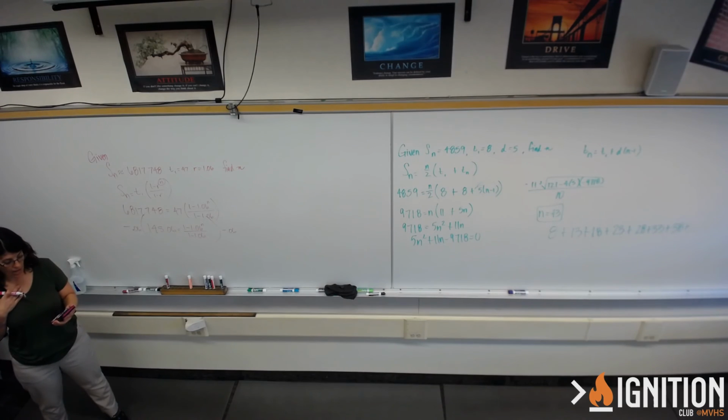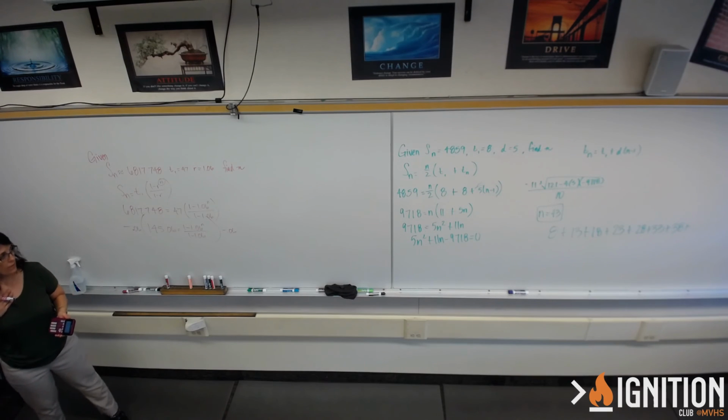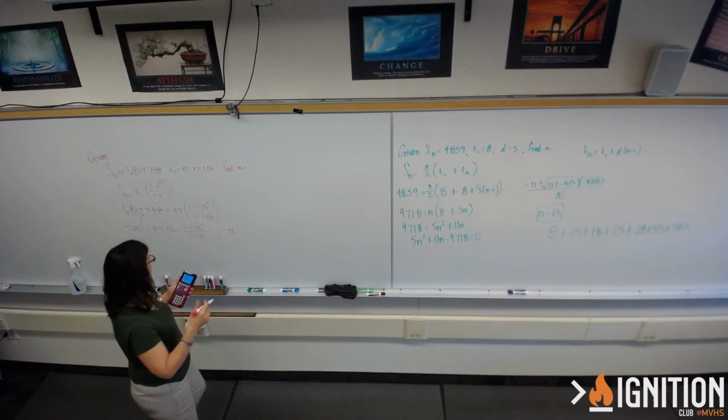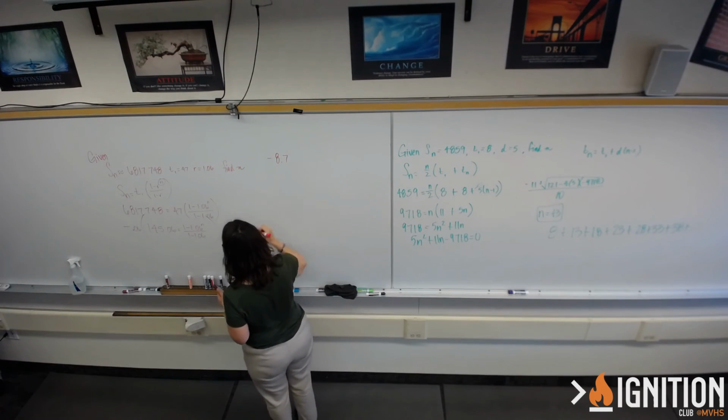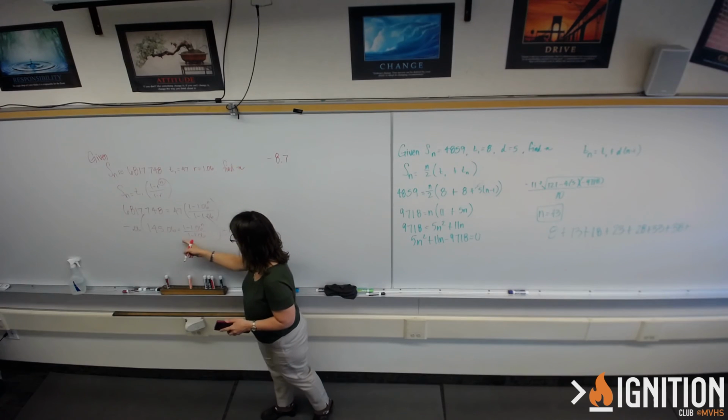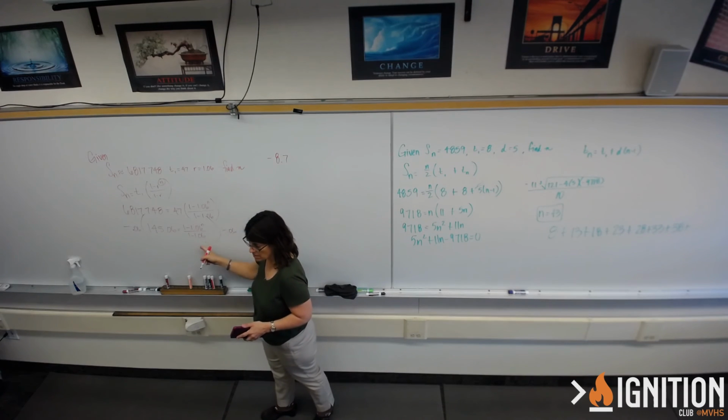And I'm now at negative 8.7 blah blah. You with me? Why did you divide? I didn't. I multiplied both sides because this is the denominator. So to get rid of the denominator, multiply both sides.